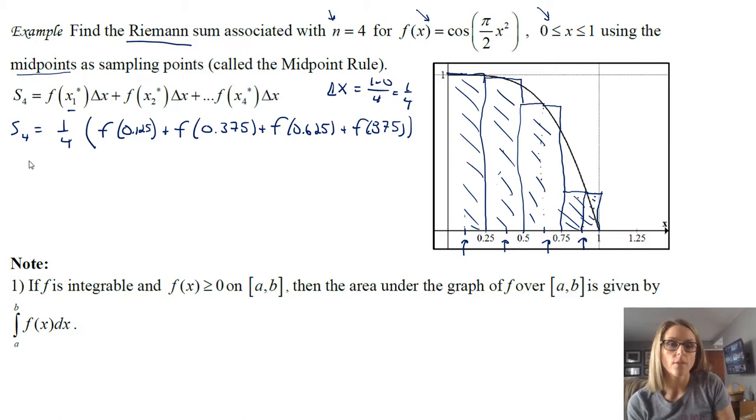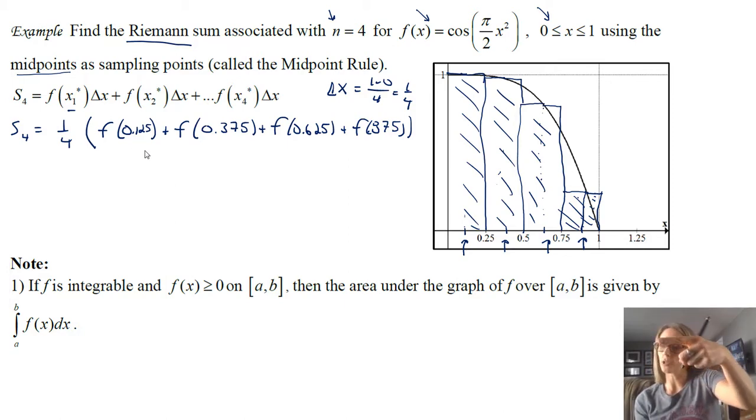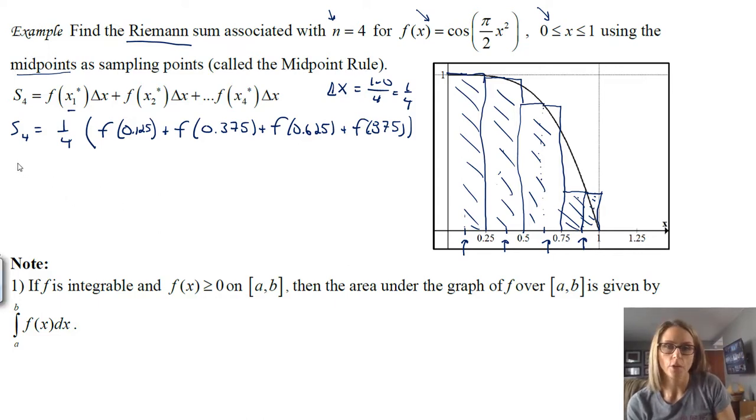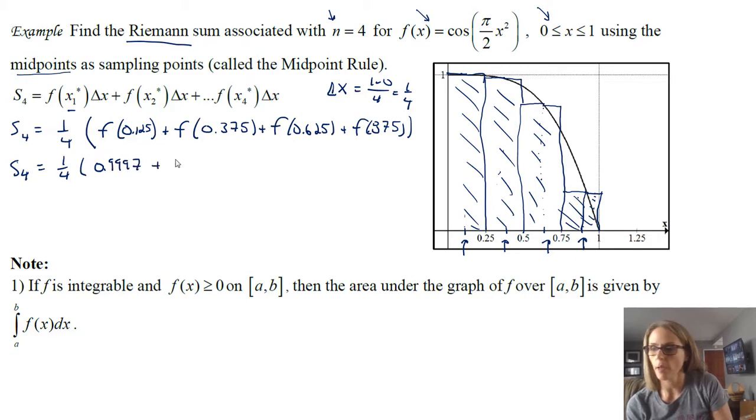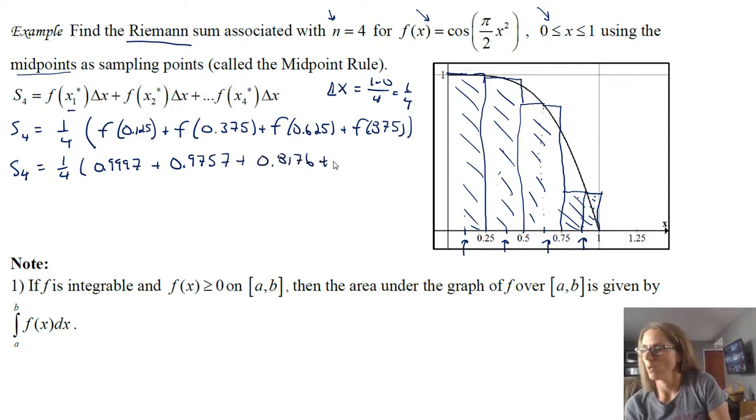And then the idea here is the function is the cosine of pi over 2 x squared. So you'd be putting your values into your f of x, making sure you're using radians. And that's going to give you 1/4 times, and you can check this and make sure you get the same numbers here. You'd get 0.9757 and 0.8176 and 0.3599.